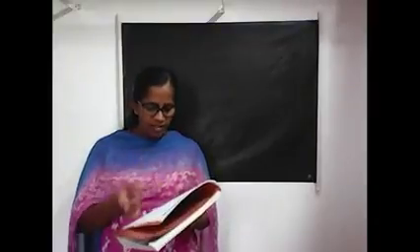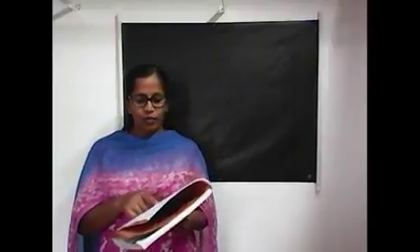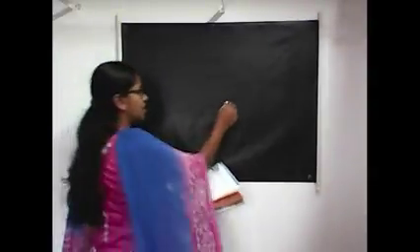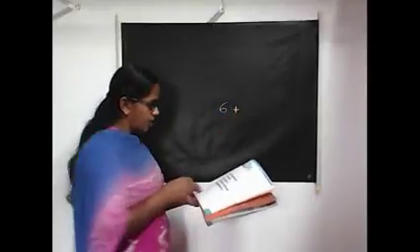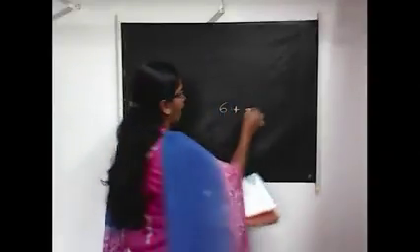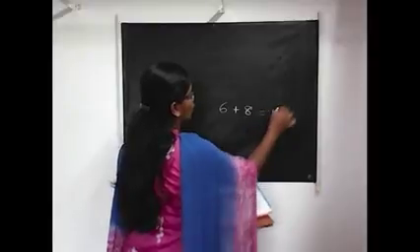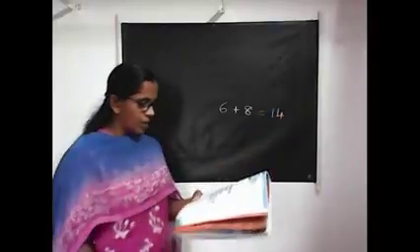Then plus burger. Burger is liked by 1, 2, 3, 4, 5, 6, 7, 8 students. That means pizza is liked by 6 students and burger is liked by 8 students. So total 14. So write the number there.